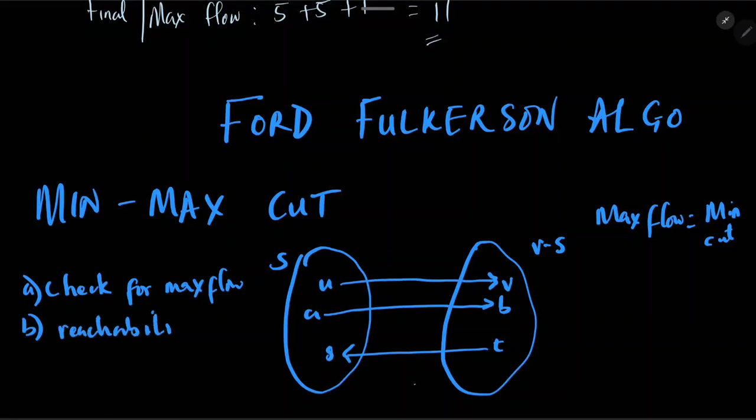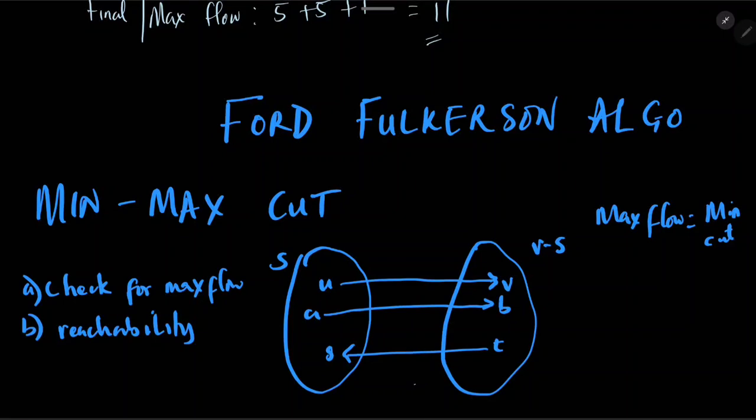If T is still reachable from S, if your sink is still reachable from your source, then we can't have a min cut yet. So let's say V: if V is reachable from S through U, then we cannot have a min cut yet.